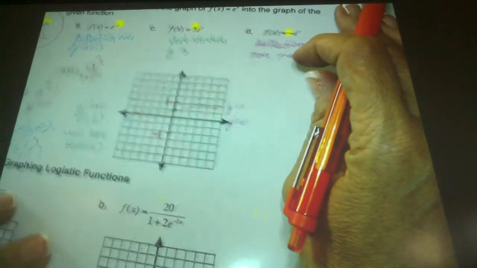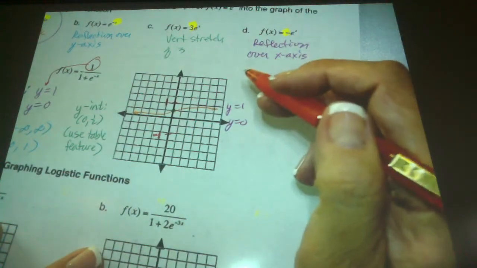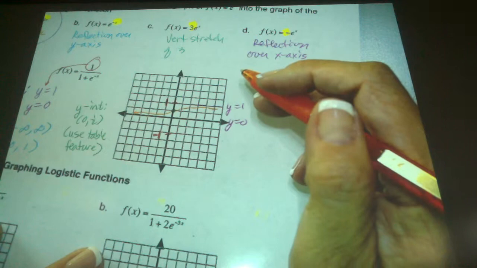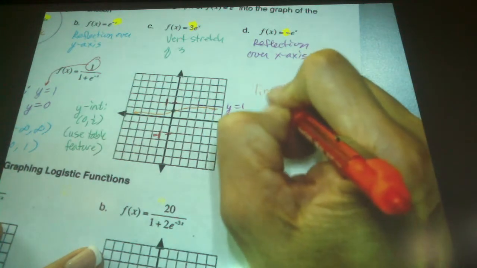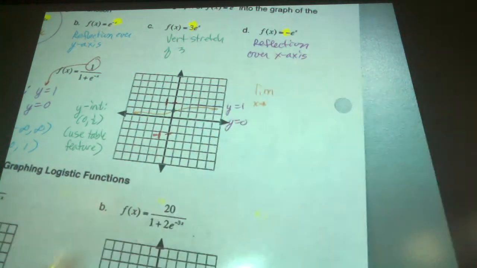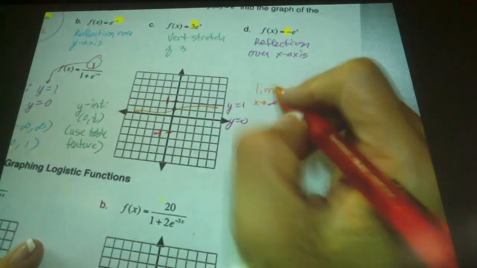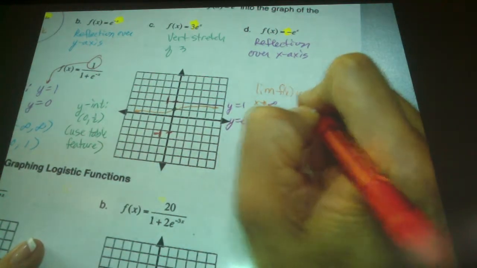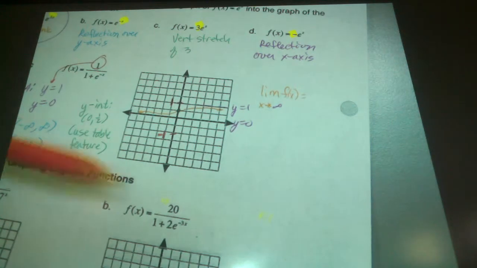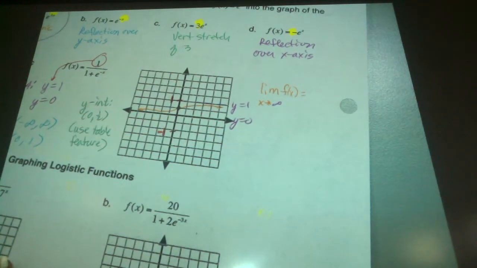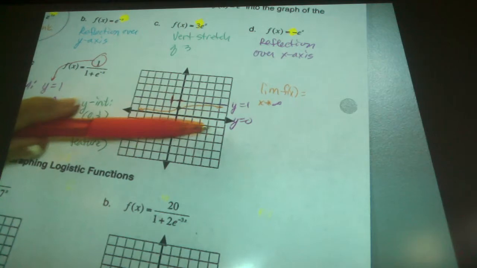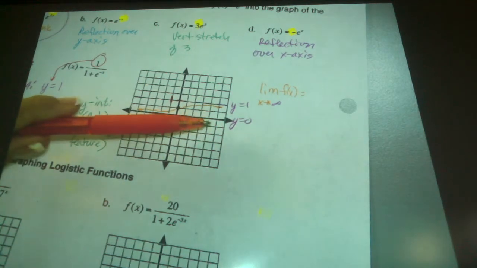So let's look at limits. With no vertical asymptote, my limits are going to be positive and negative infinity. So the limit as x approaches positive infinity of f of x, because I don't want to write that right now. So as I approach positive infinity, what's happening to y? What's it approaching? On the right, what's it approaching? 1.